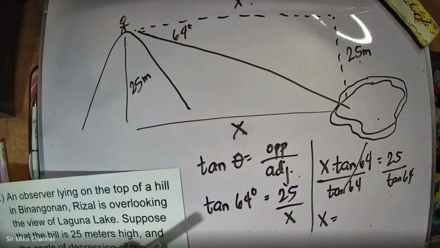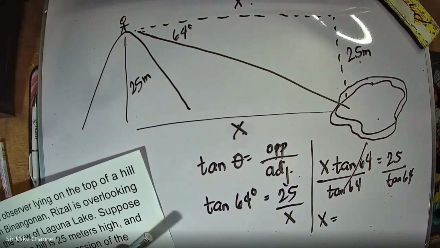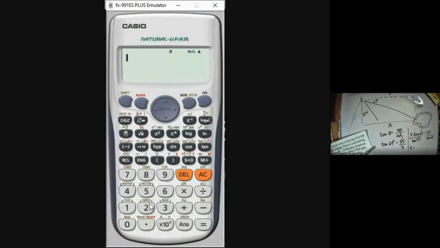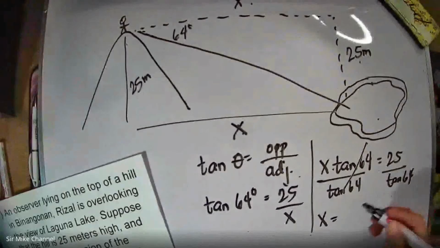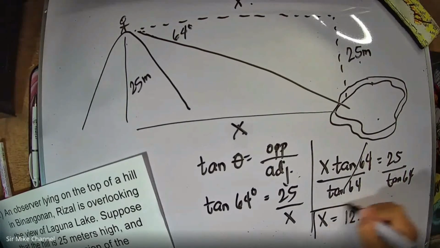So 25 divided by tangent 64 degrees gives us 12.19 meters. So that is the final answer.